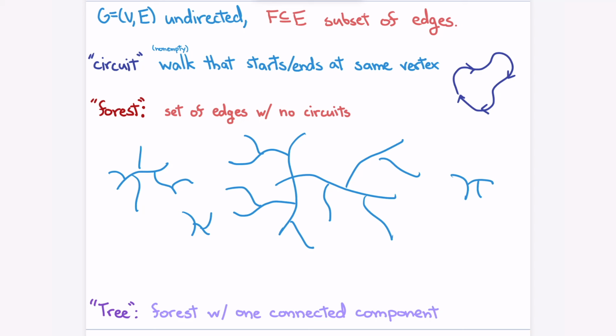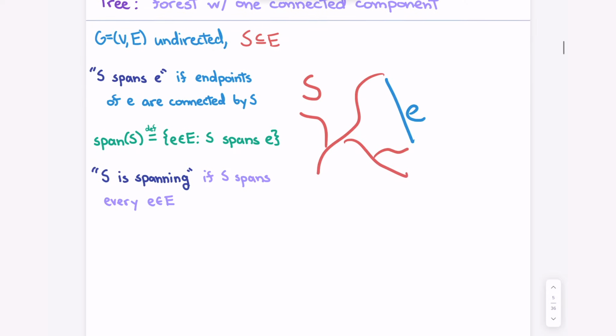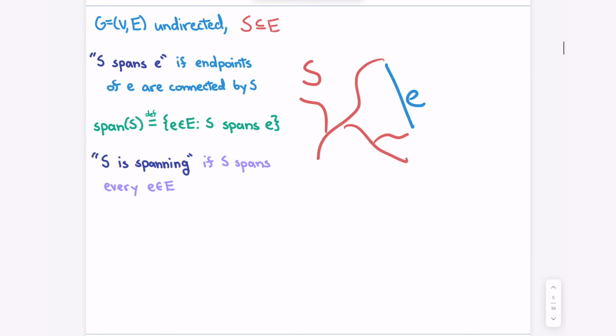You can also say it's made up of trees. Or you could say a tree is a forest with only one connected component. I think you all knew some of this terminology before. Here's another bit of terminology, spanning. I'll say a bunch of edges spans a particular edge if it already connects the endpoints of that edge.